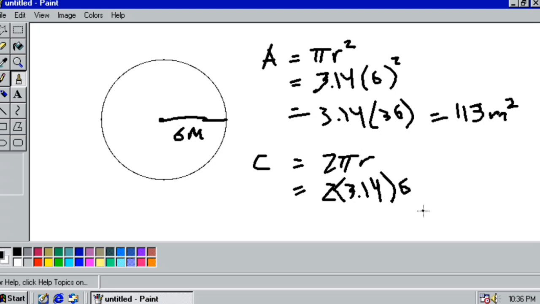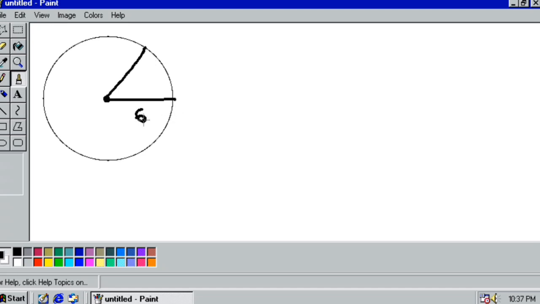When we plug that in a calculator, it will be 37.7 meters. So this side is 6, so our radius is 6. And right here is 27 degrees.